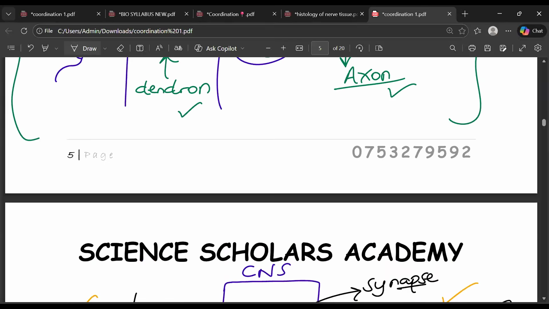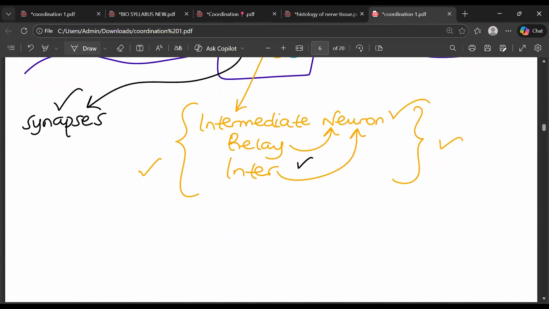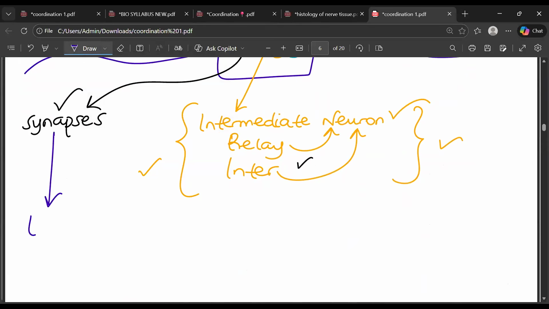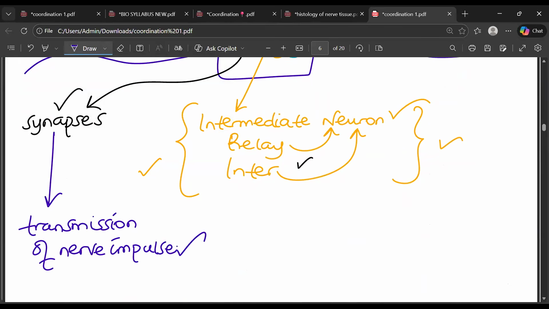The other thing that you really need to understand about these synapses is that they're also about transmission of nerve impulse. Because it may not be easy for it to just move from the sensory neuron to the relay neuron just like that.